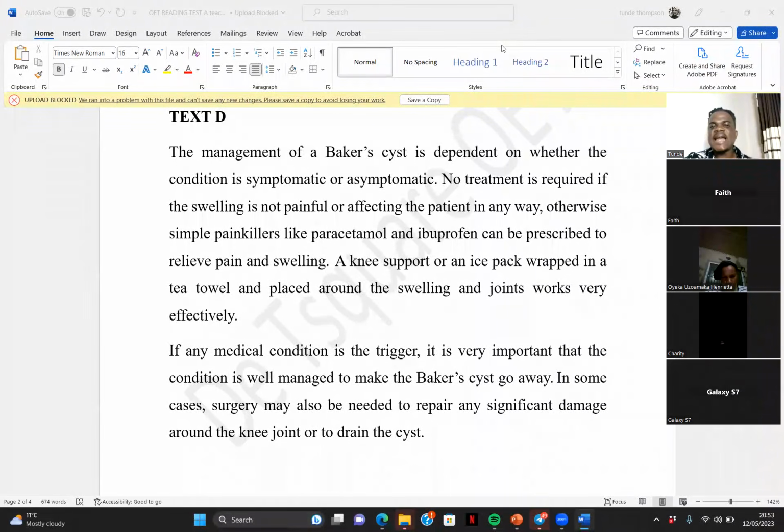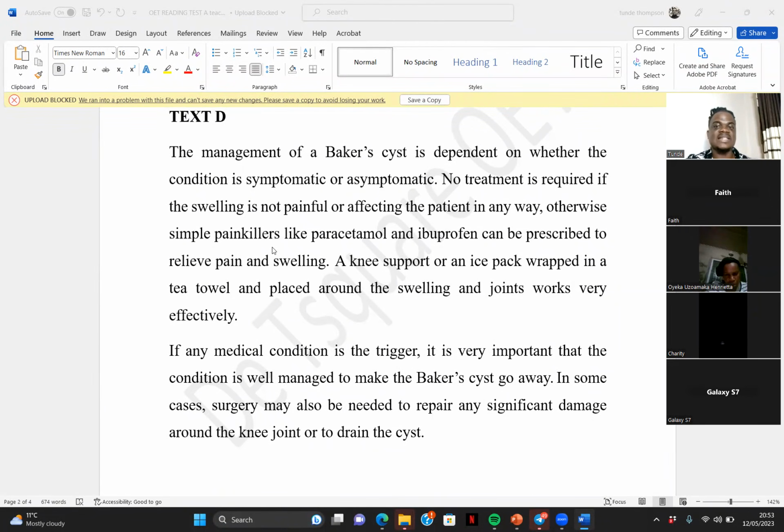Very good. Now, in this case, they are asking what kind of medications can be used. If you just say paracetamol and ibuprofen, that's not correct, because they mentioned paracetamol and ibuprofen as an example. There are other medications too that can be used, but the name or the group where all these medications fall under is simple painkillers. Do you understand?